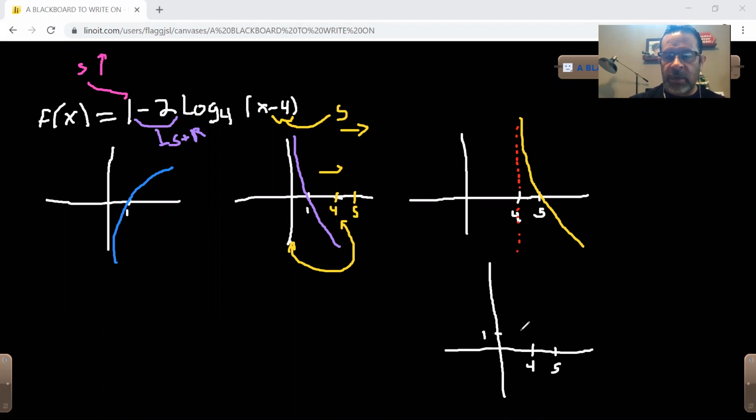And so now it's going to be shifted up 1 unit. And we had the 5 here. So now it's going to cross in that point. And we're still going to have the asymptote in 4. The asymptote stays the same. But now we've shifted it up. Okay.